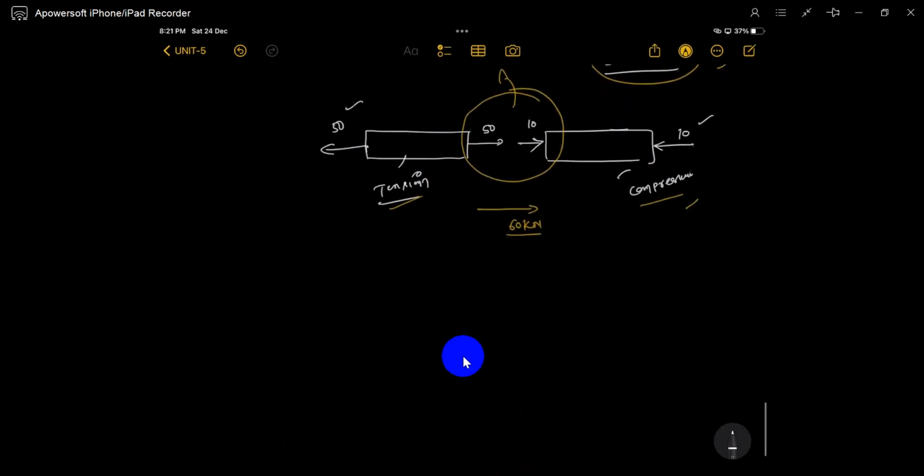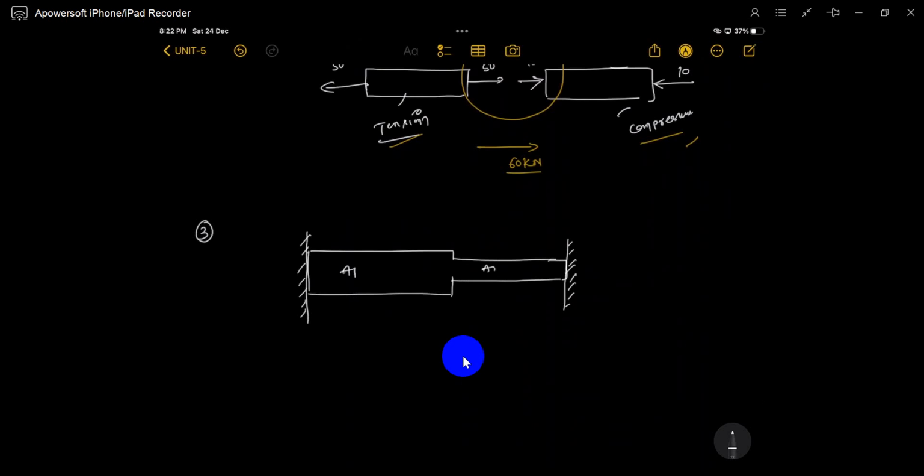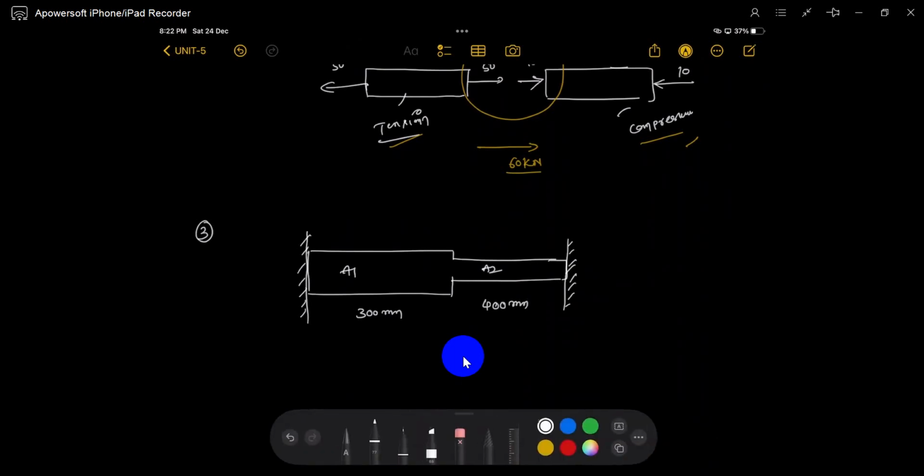So now comes to the next problem, the third problem. The distances of element 1 and element 2 are 300 mm and 400 mm. The load is applied at the center, 200 kilonewtons.